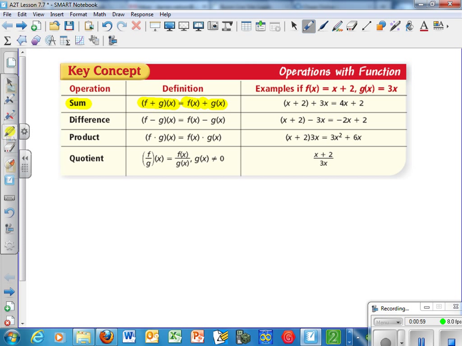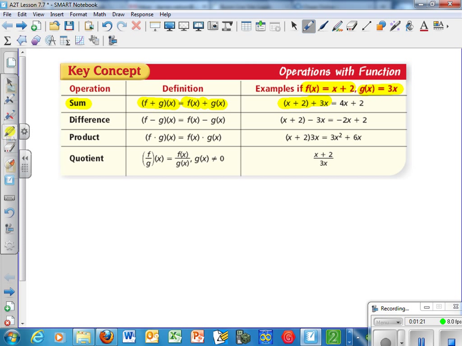So let's look at this simple example that they did here. Here are the two functions. There's f of x, there's g of x. F of x is x plus 2, g of x is 3x. So we do x plus 2. Now they put parentheses around it. You don't really need to put parentheses around it. And then we add 3x.